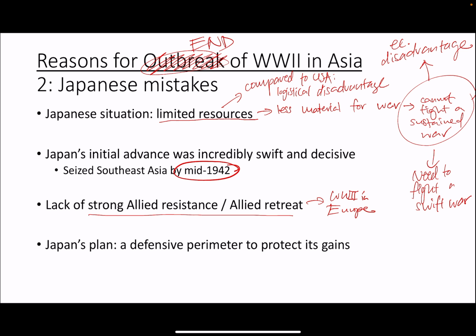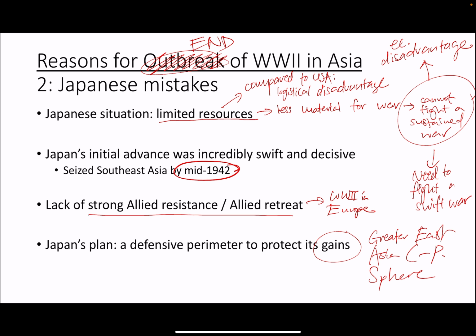So what is happening is that Japan wants to expand so fast and so quickly to get all the areas they want. So basically what its gains are is the Greater East Asia Co-Prosperity Sphere, basically the whole of Southeast Asia, the map that we saw just now. And what do I mean by this defensive perimeter?